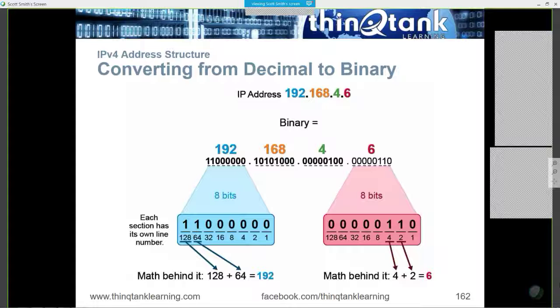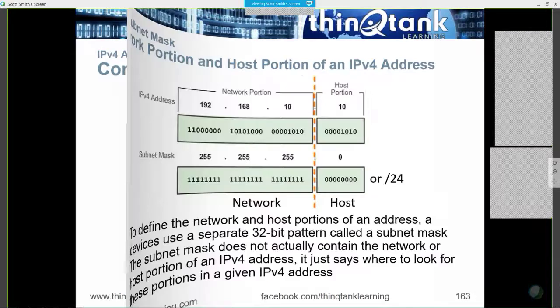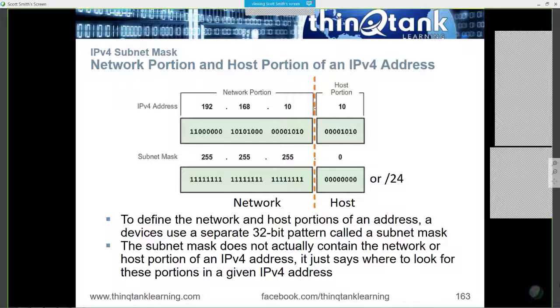All right. The other aspect of an IP address, though, and probably the most important aspect of an IP address, is its subnet mask. The subnet mask determines how that host functions on the network. An IP address without a subnet mask isn't that useful. You can't just randomly choose a subnet mask, though. There's a couple of rules for a subnet mask, and this applies to both IPv4 and IPv6.